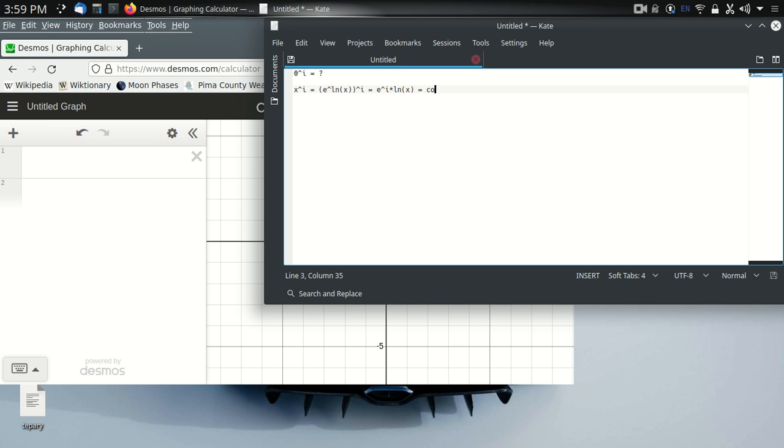So this is cos ln of x plus I sine ln of x. Right, like that. And then the problem that you get is when you put 0 in here, what power do you raise e to give you 0?